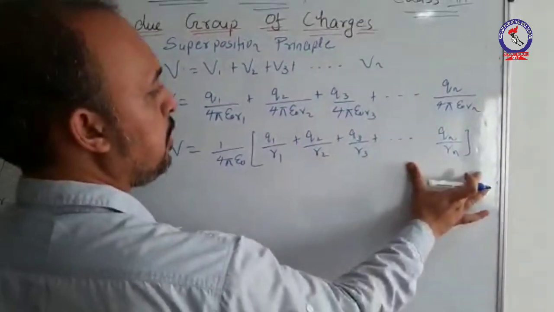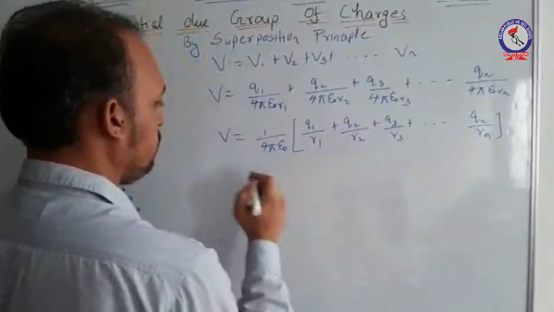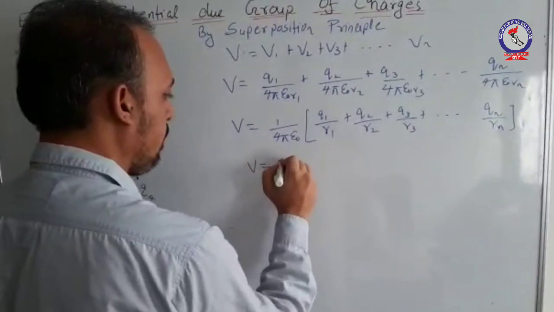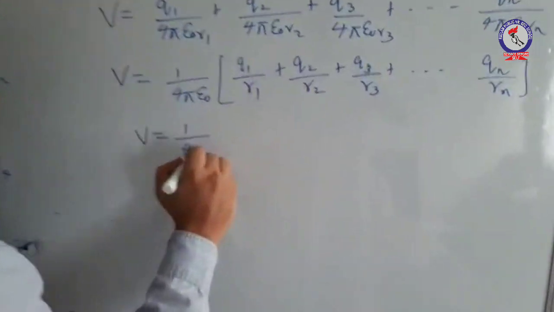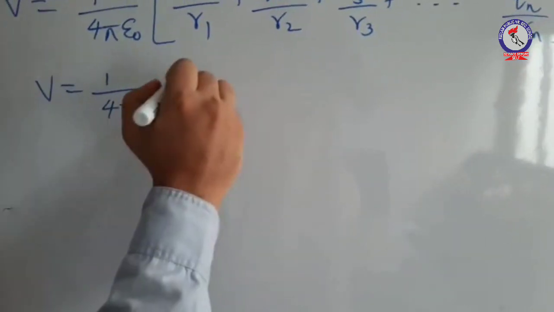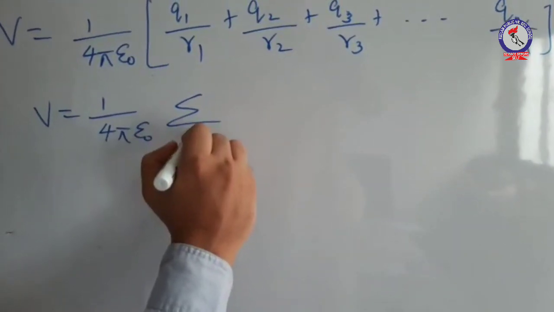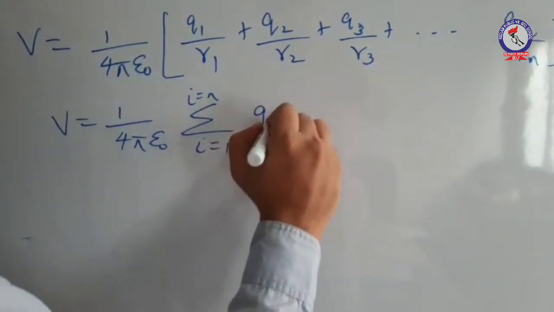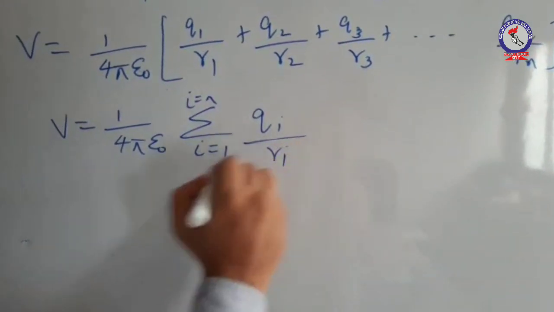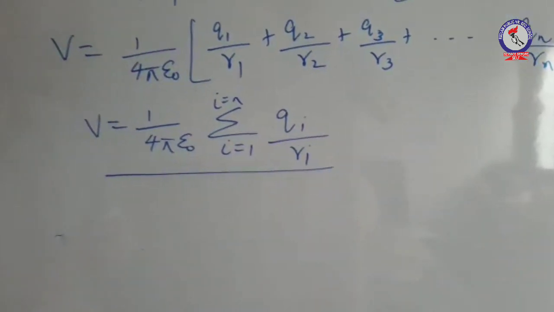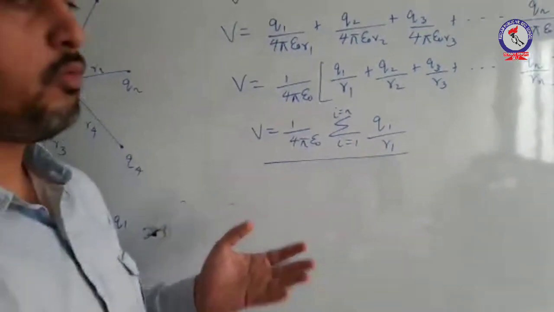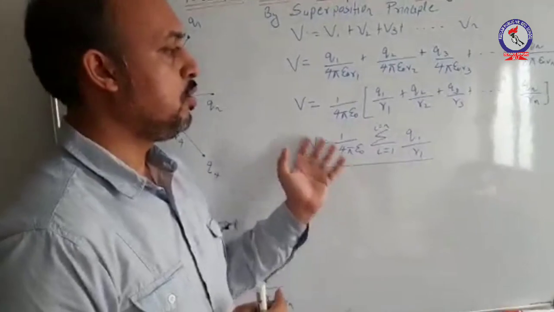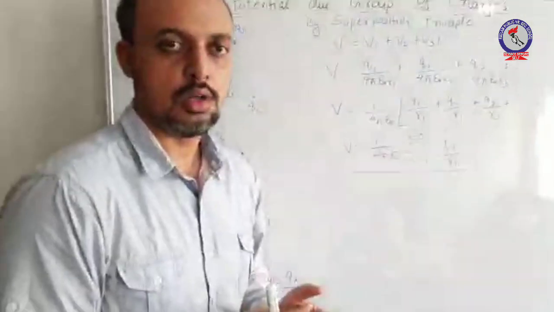For this particular range of values, I write 1 upon 4 pi epsilon 0 summation of i equals 1 to n Qi upon Ri. So this represents the expression for potential due to the number of charges present here.